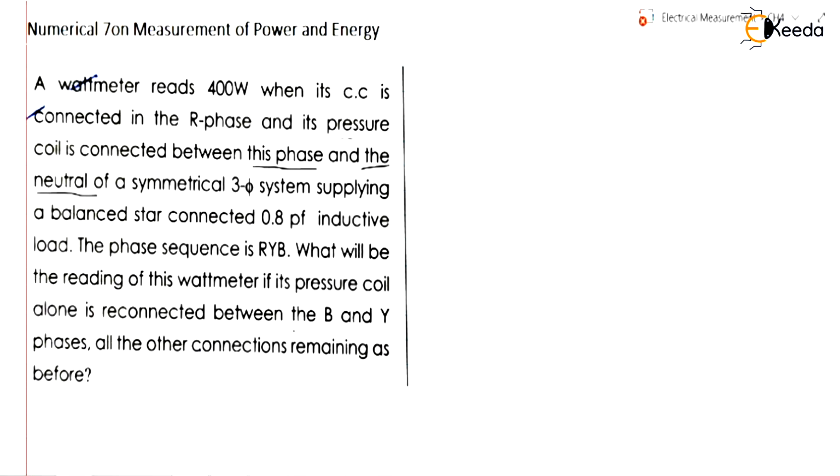Okay, so the points to be noted. First of all, in the first case it is given that the current coil is connected in the R phase and the pressure coil is connected between the R phase and the neutral. So here the reading of the wattmeter is nothing but the per phase power. So per phase real power is equal to 400 watt.